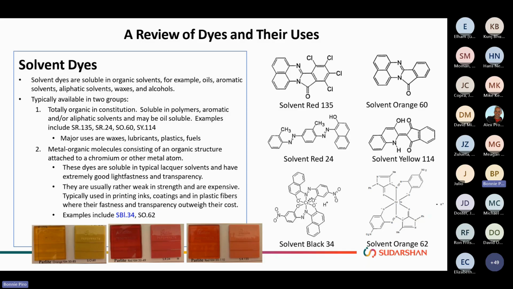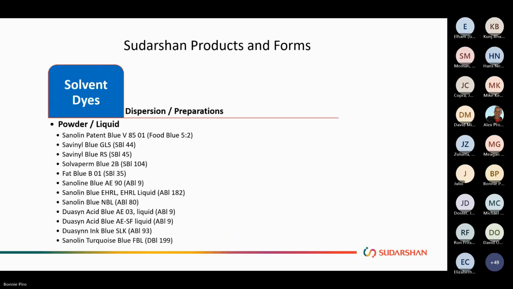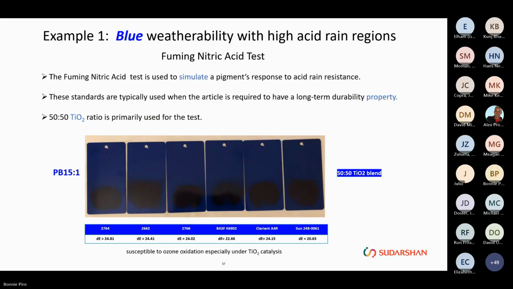However, it's always good to know how soluble they are in your application area. From a product perspective, there are powder forms as well as liquid forms in the blue dye area, and a number of different application areas.